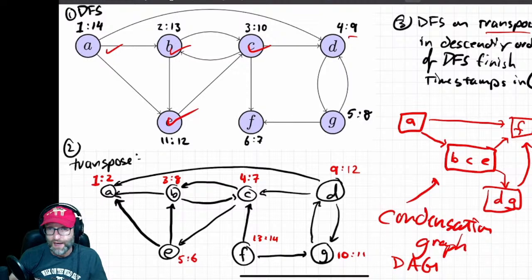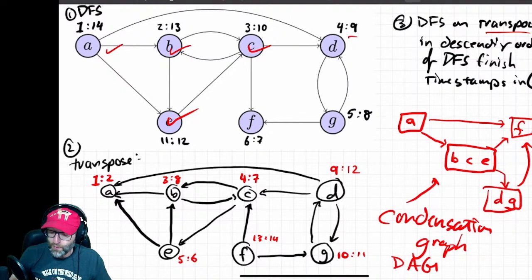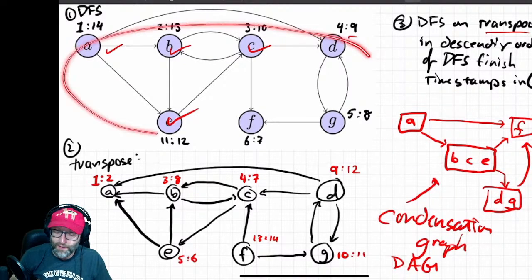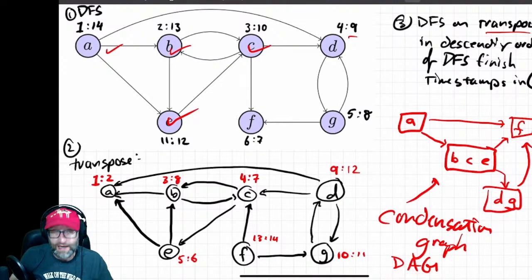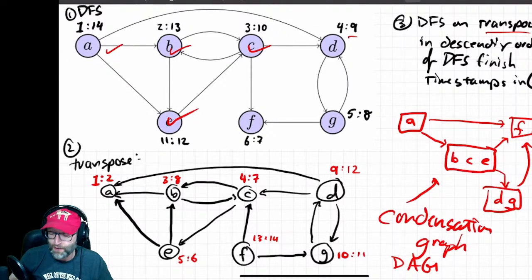But the condensation graph will, of course, not contain any cycles, because if you had a cycle in a condensation graph, you would have collapsed that into a strongly connected component. So it gives us a way to look at the topology of a complex graph in a much simpler graph, taking away cycles, fewer vertices here, etc.